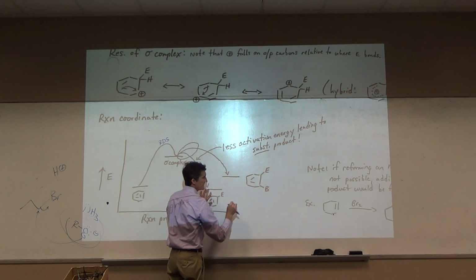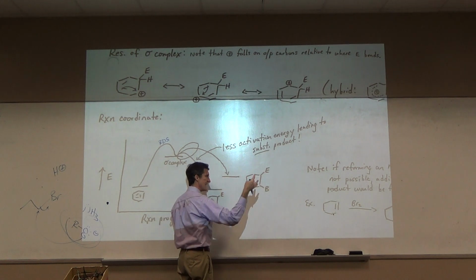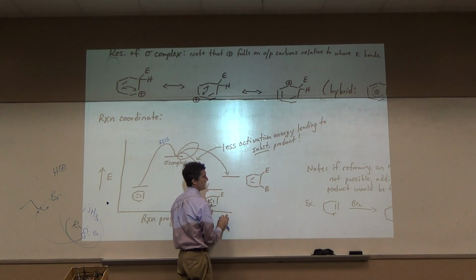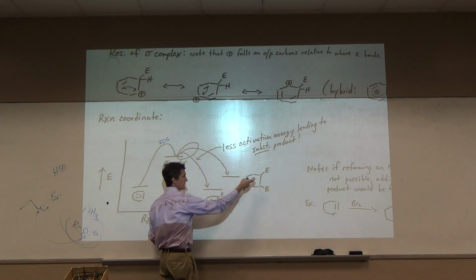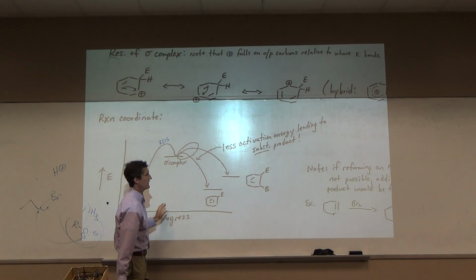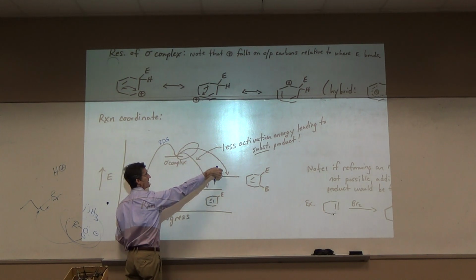That's an overall substitution, because essentially the H has been replaced by the E. Here, nothing's been replaced. We've just added. That's an overall addition. But that product is not as good as this product because that's not aromatic. Since it's higher in energy, the transition state leading to it is going to be higher.